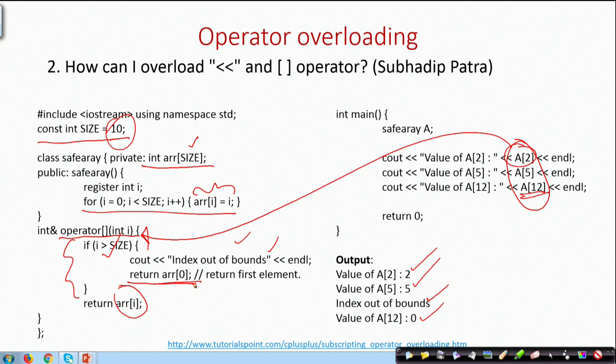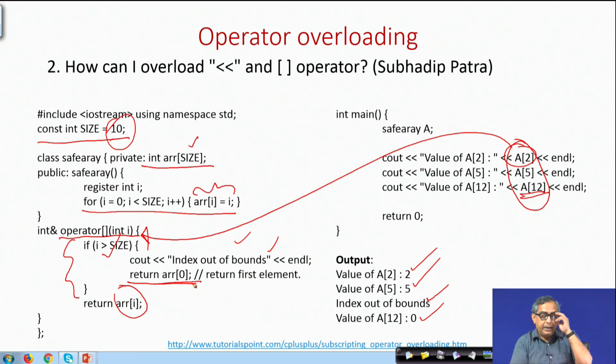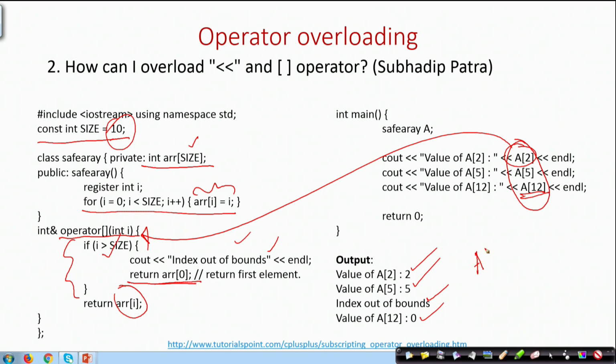Of course, this is only one type of array indexing, where the array is in the read mode. If I have things like A2 assigned say 17, now here I would need not the element, but the address of the element.